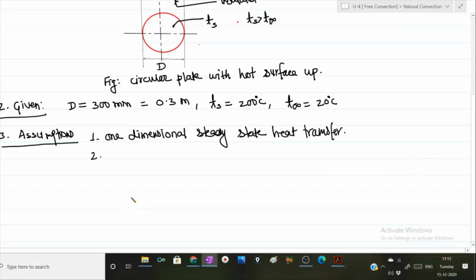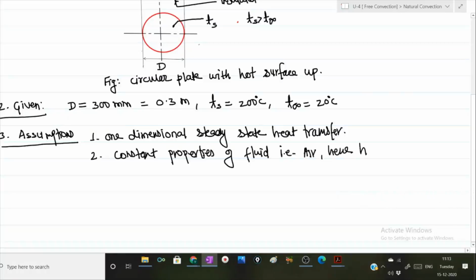Assumption number 2. Constant properties of fluid, that is air.